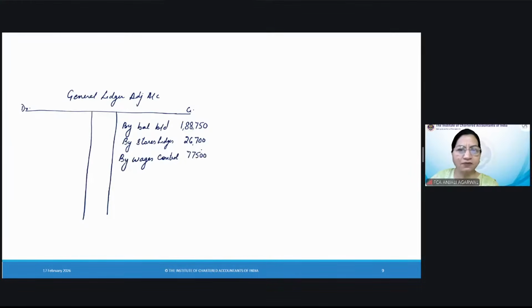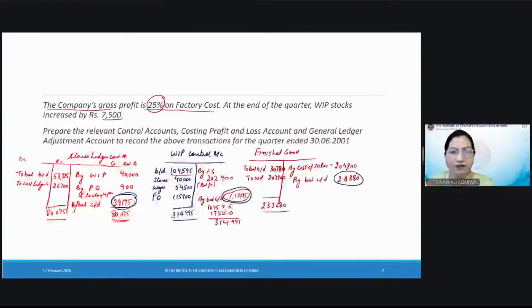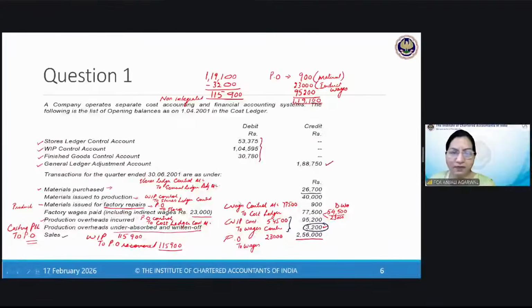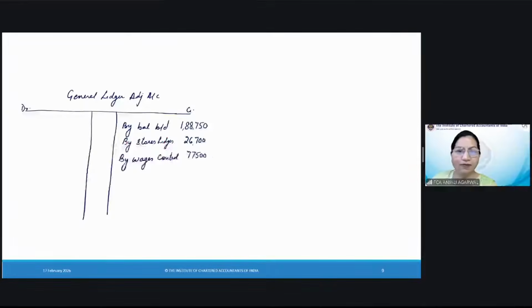So all the expenses you make, you have to credit the general ledger adjustment account. This is to complete the double entry system. Then, after factory wages, you have also incurred production overheads, 95,200. And then next two entries are just production overheads absorbed and unabsorbed. And then there is sales. So 95,200 by production overheads.